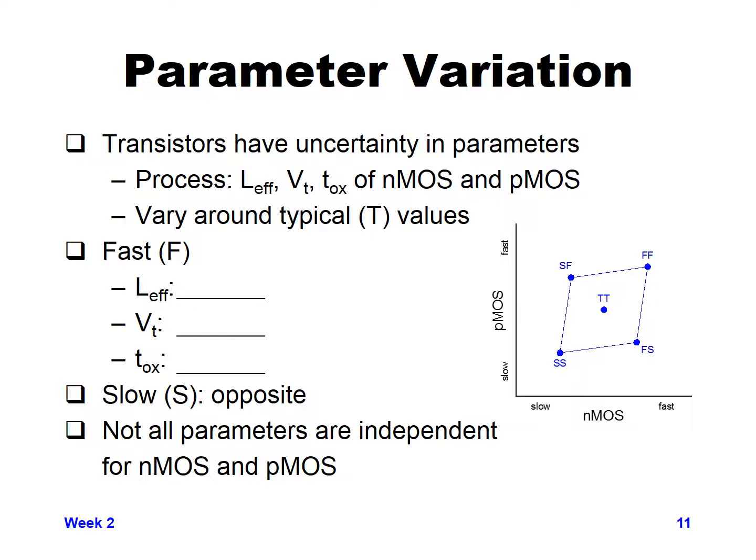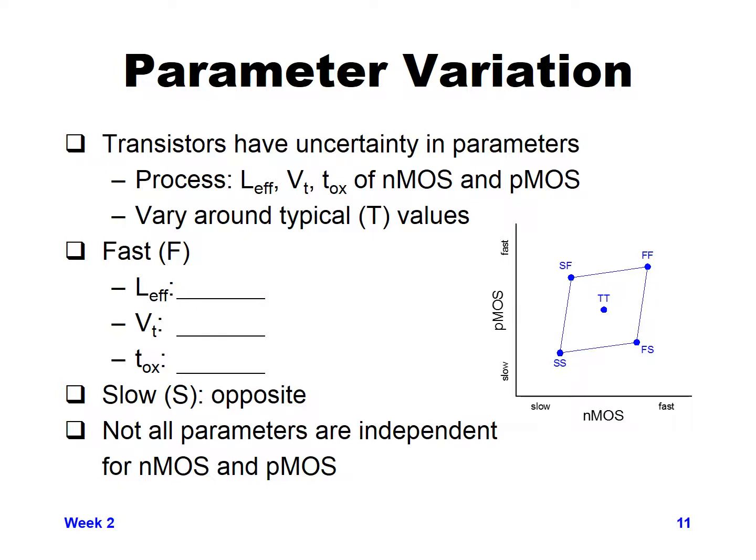So you can get variation even on devices that are right next to each other, but you tend to get more variation the farther devices are apart from each other, just due to various effects as you're going through and processing. And then of course from one wafer to another, you're going through all of the silicon processing techniques at different times, and so you will get different variation from wafer to wafer.